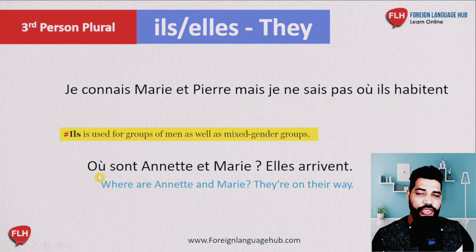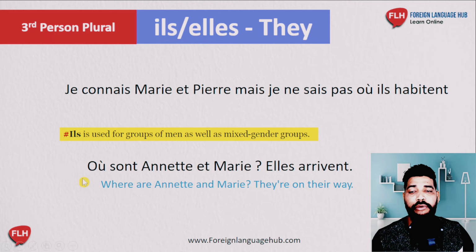Now the next question is, où sont Annie et Marie? Elles arrivent. Where are Annie and Marie? They are on the way. There should be a question mark here. So Marie and Annie both are females, so we are using elles for them, right?